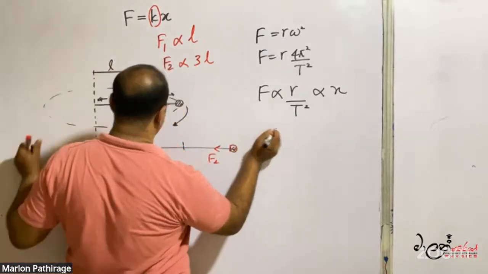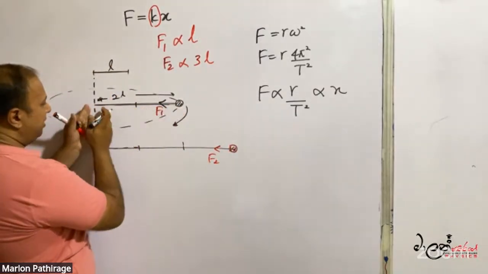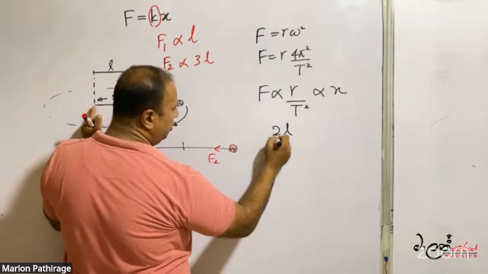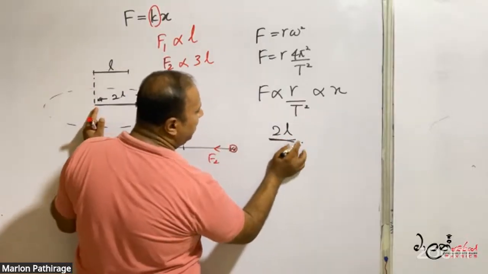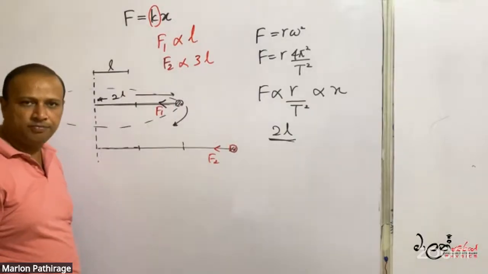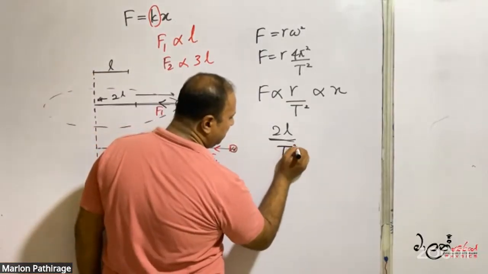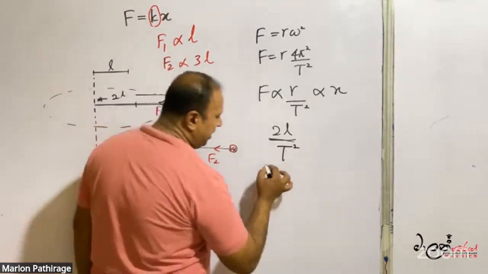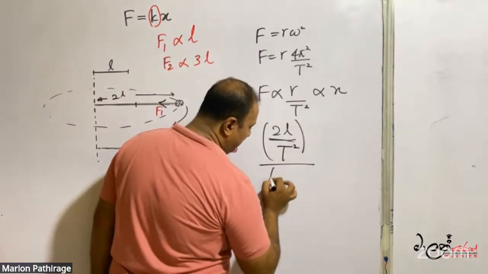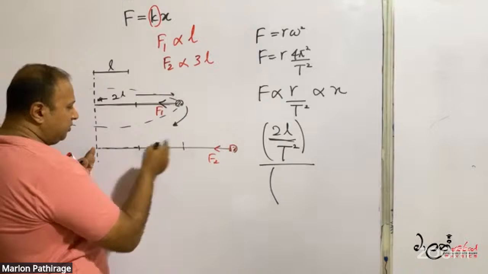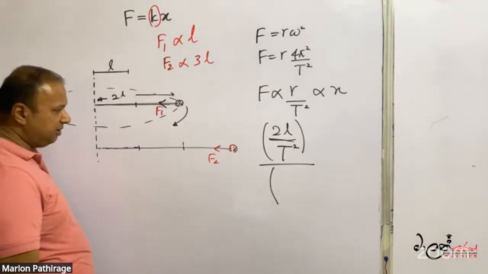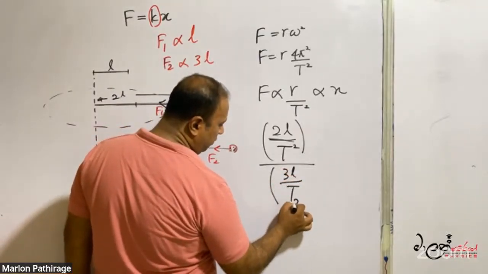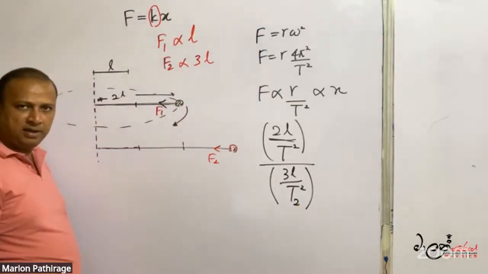Initial radius is 2L. Initial period is given as capital T squared. This is the initial one, divided by the final one. The final radius is now 3L, so 3L over T2 squared.